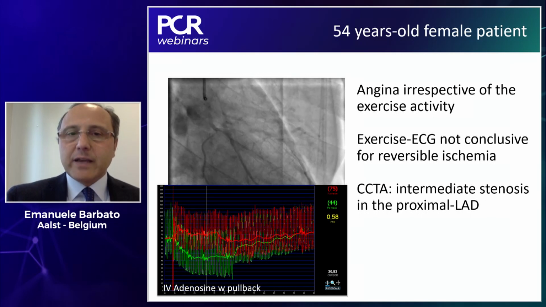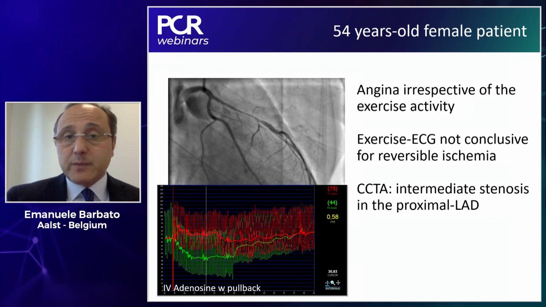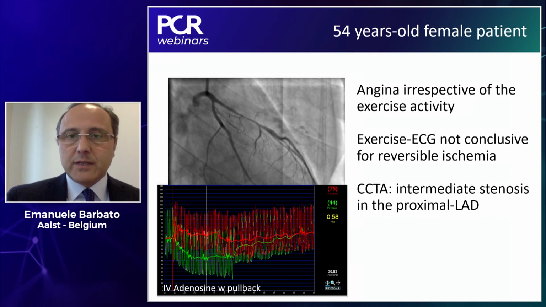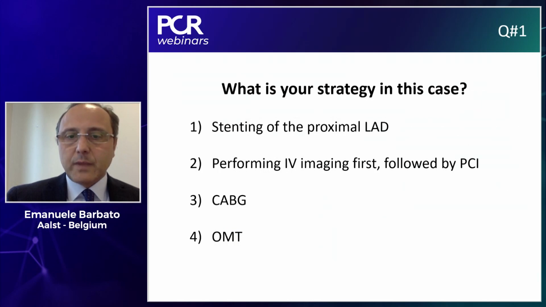After this clinical background, and knowing that invasive assessment in this patient has been done, let me ask you what would be your strategy in this case. Who among you would rather go on, close the story, and stent the proximal LAD? Please choose option 1 in the chat box.